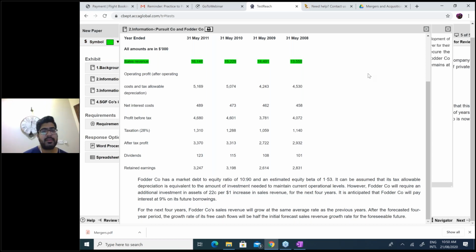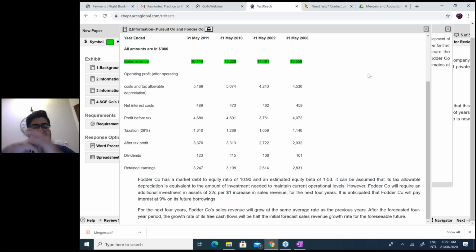See the stuff I've highlighted. I don't know what the number is, but it is mentioned that for the next 4 years, Fodder's revenue will grow at the same rate as previous years.